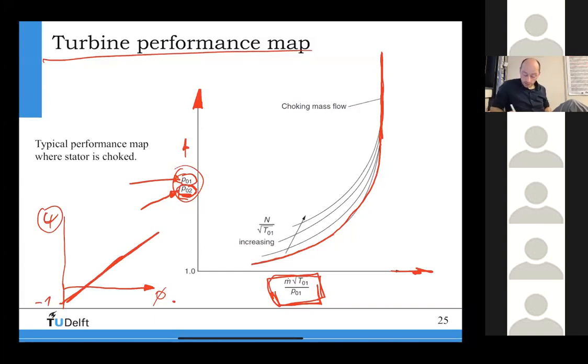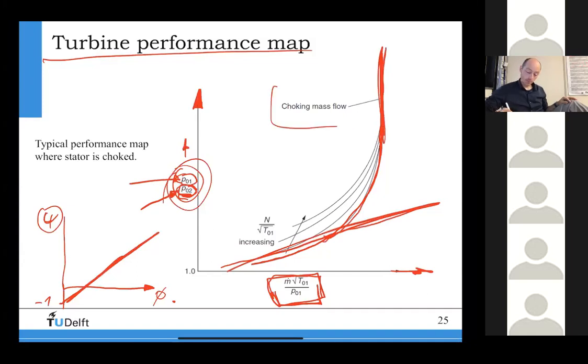This is mostly like the ideal world, something like that. This will be the ideal one. But then you can see that, since the condition is choked, even if the pressure ratio increases further, I won't be able to get more mass flow through because it's choked. And then, instead of a straight line, I will get this line here. Okay, so this is the choked mass flow.